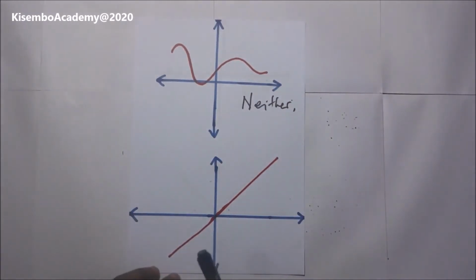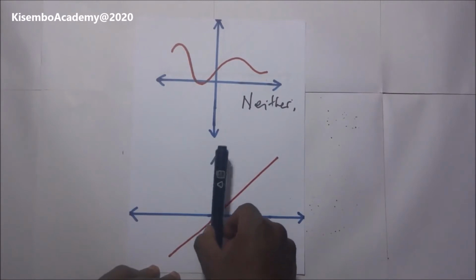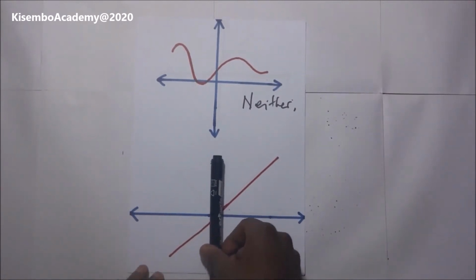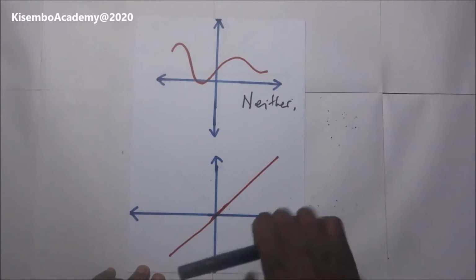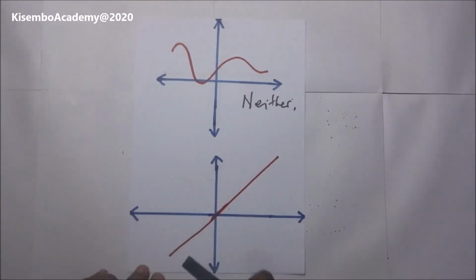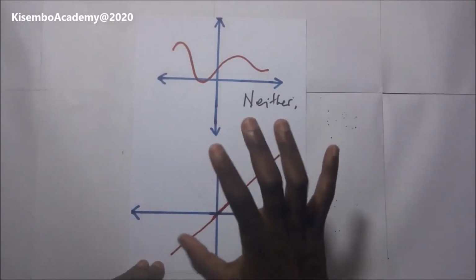This one right here, it's not symmetrical about the y-axis, meaning the y-axis is not dividing it into two, but it's having a rotational symmetry about the origin. In other words, if you turn this by 180 degrees, it would look exactly the same.